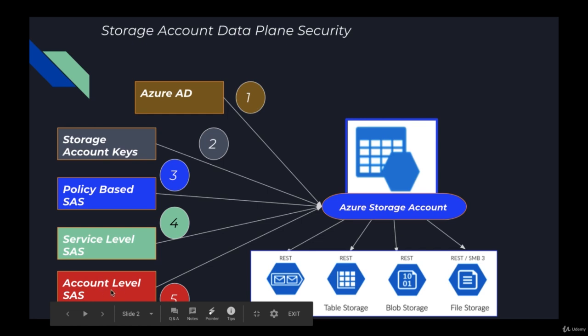Then we have the account level key. In the case of the account level access key, there is a limitation of the service level, which is where the account level shared access signature helps. When we say account level, it means within an account, let's say your application wants to perform certain operations on one or more resources.